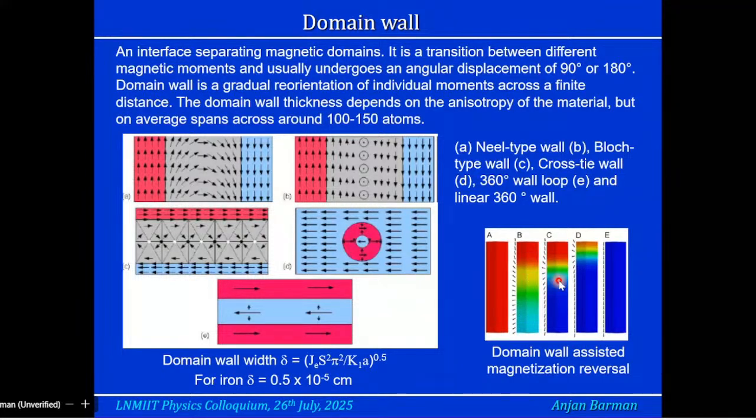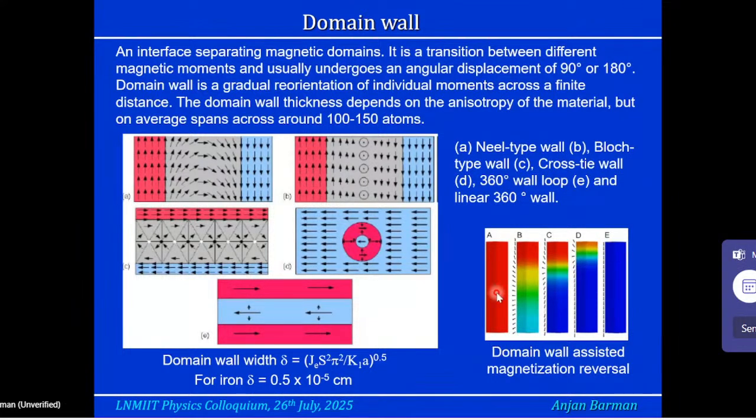And then the blue domain arises, and slowly it is pushed, and finally completely blue means it is in the downward direction. So that is how you can get a complete reversal of magnetization through domain wall movement.